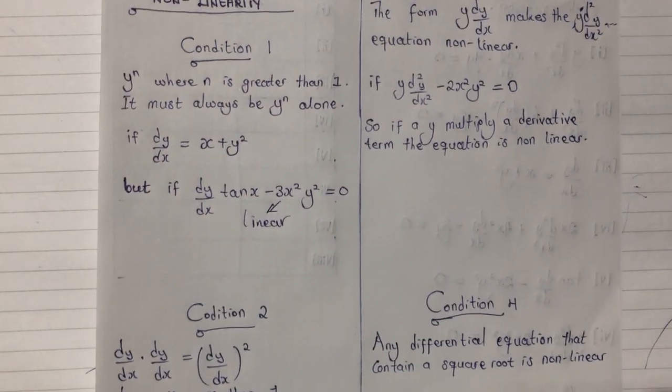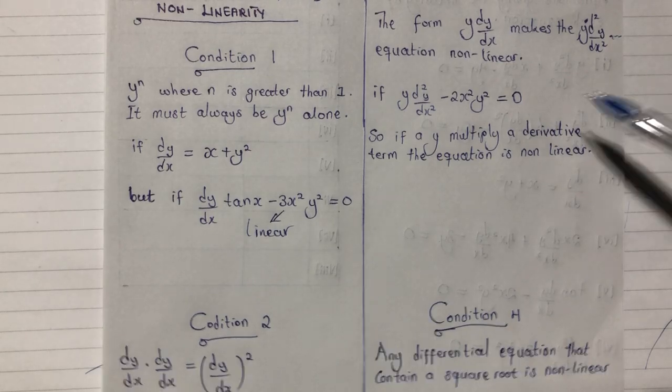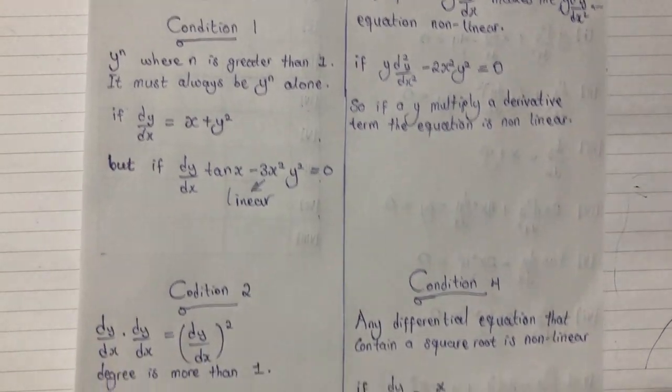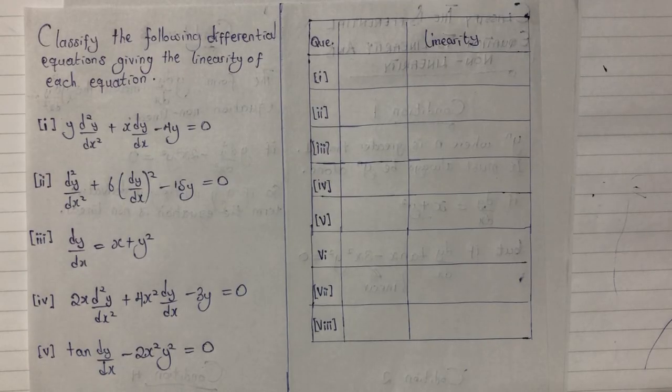The last thing I'll talk about is that apart from these 4 conditions, if you look through the differential equation without seeing any of these conditions that we have spoken of, the differential equation is a linear differential equation. So we will take an example here. We said we should classify the following differential equations given the linearity of each equation.